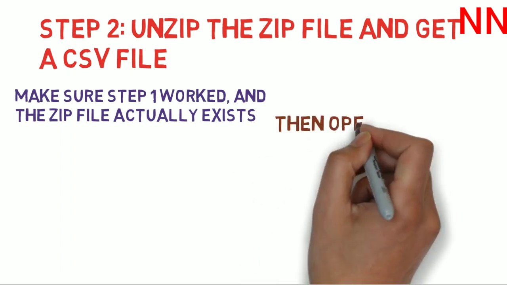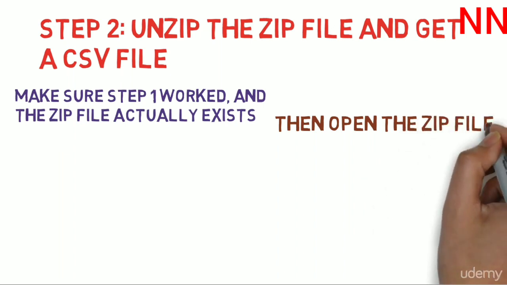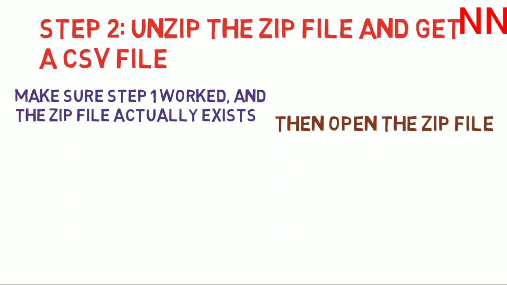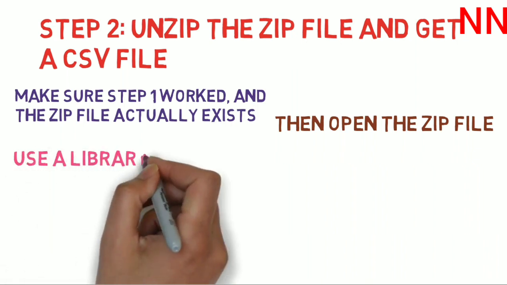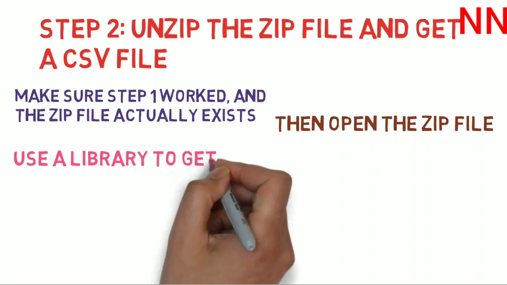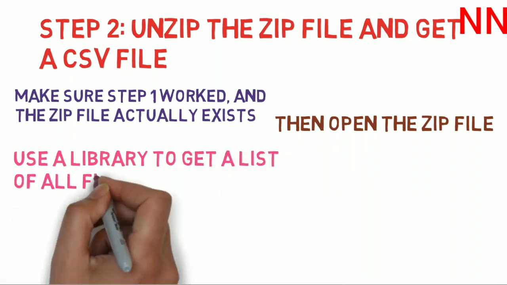Then open the zip file. Remember how we said a file is like a barrel, and in order to get the contents of the barrel, you need to open the barrel first.